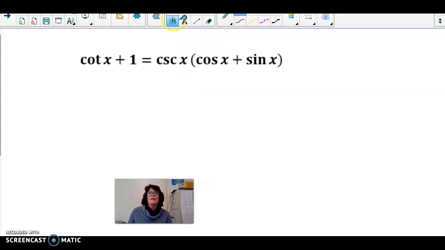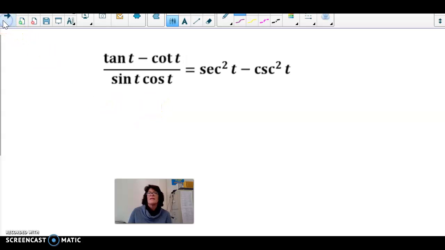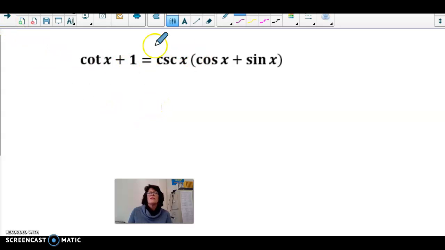Now we're going to get into what we're going to be doing next, which is verifying trig identities. I'll talk about that in a minute here. When you see two things equal like this, we just want to show that it does equal. The directions here I think are to say true or false, that this side equals that side. So let's try it.